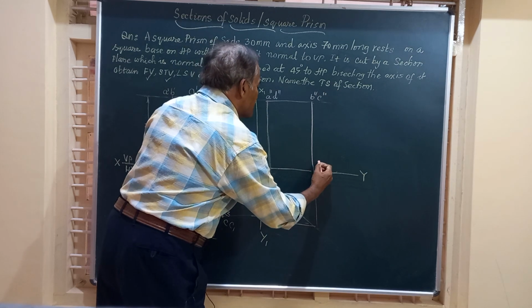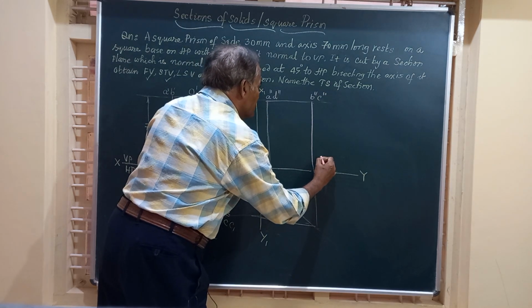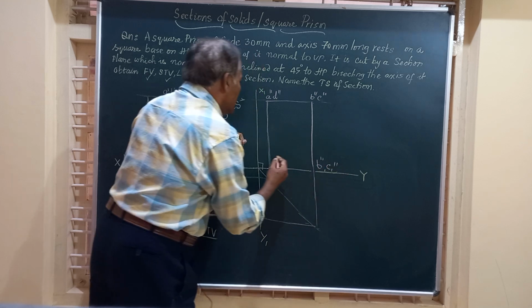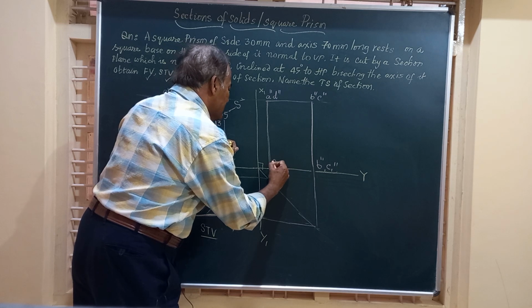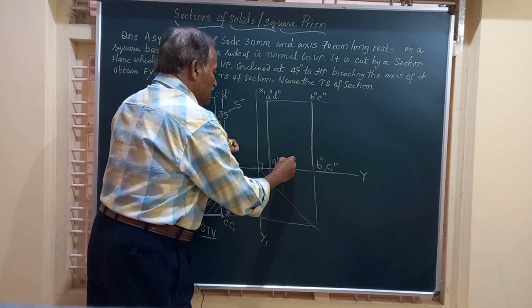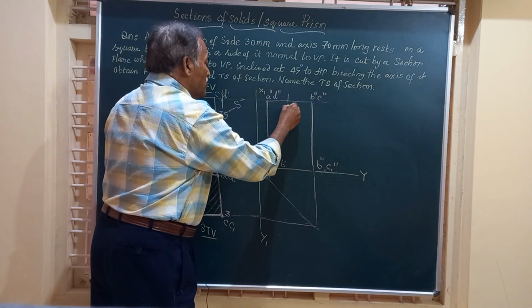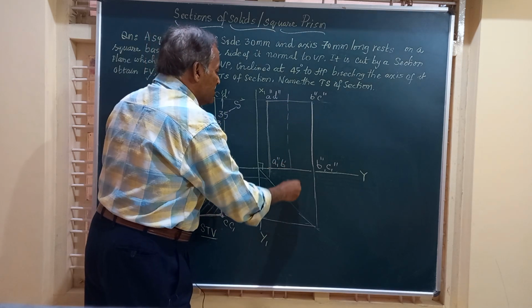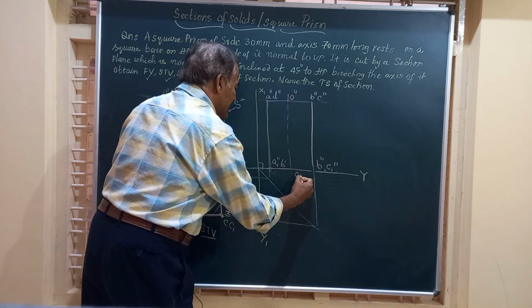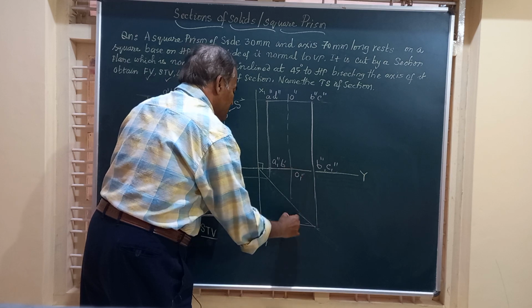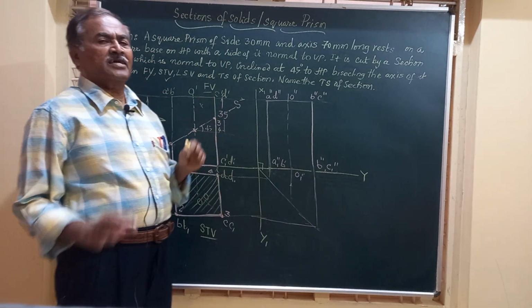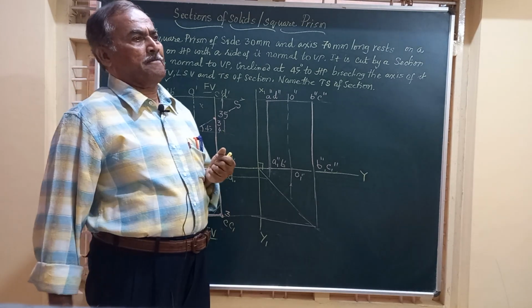Similarly, for the bottom portion, we call this B1 double dash, that is C1 double dash. This is A1 double dash and D1 double dash. We have the so-called axis, which is O double dash, O1 double dash. So we have got the object in the end view, assuming that it is not cut by the section plane.